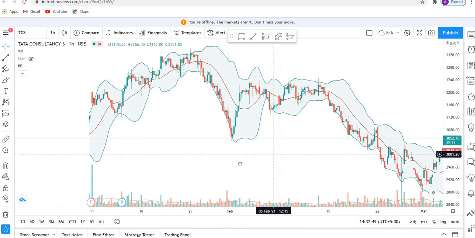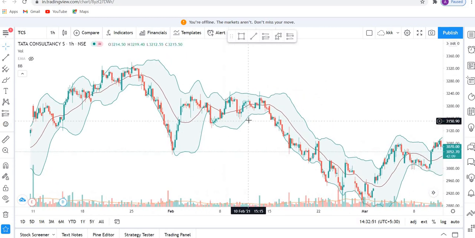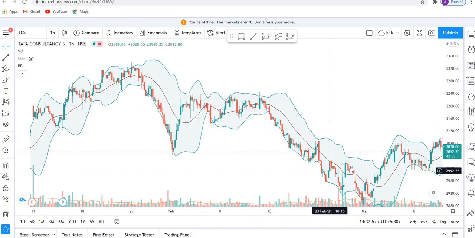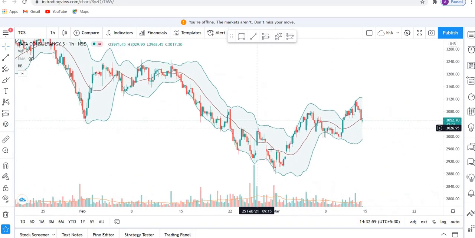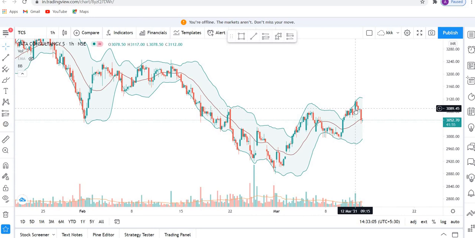There will be very few movements where you will find that price has literally broken out of this band. Mostly, look, prices are surviving and moving within this band. Lower band, then upper band, then again lower, then again upper. So most of the time it is spending in this band only. So this strategy really works well in the market.